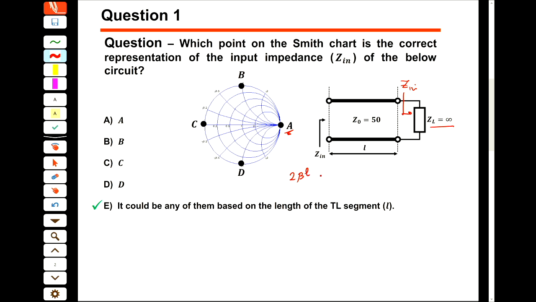Then the new gamma in equals gamma naught e to the power minus j 2 beta d, and this gamma naught was 1. So it could take any point on this circle based on the value of L.